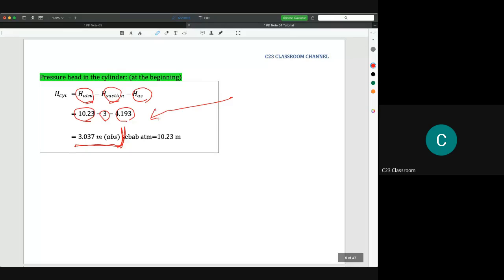Okay, so this is the calculation of the pressure head in the cylinder at the beginning. In this question, we just focus on the beginning because this is the very important stage. Because at the beginning, we must create the lowest pressure compared with the middle and the end. So di peringkat awal lah kita perlu memastikan piston pump kita memberi tekanan vacuum yang cukup tinggi, membolehkan air untuk naik.